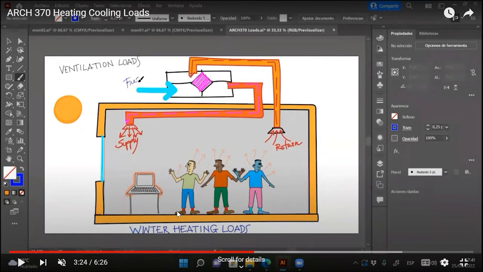Okay, so at the end there is a balance between the energy we lose through the walls, windows, roofs, the energy we lose because of the ventilation, because we need to get rid of the air that we have here, and we need to supply fresh air, and supplying fresh air at outdoor temperature means that we are losing energy.